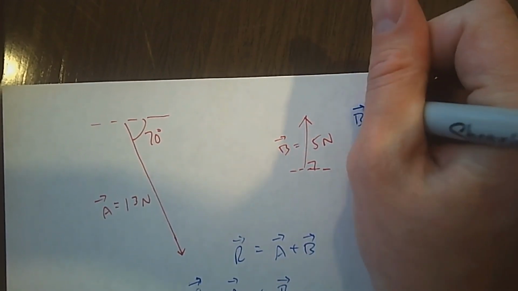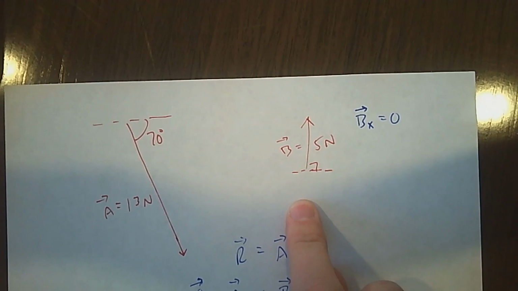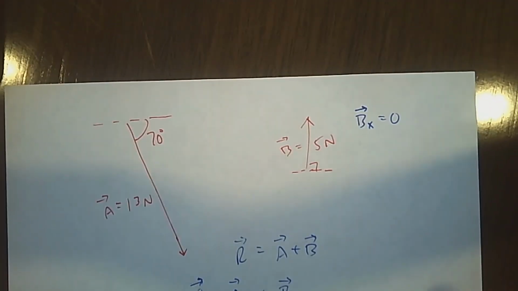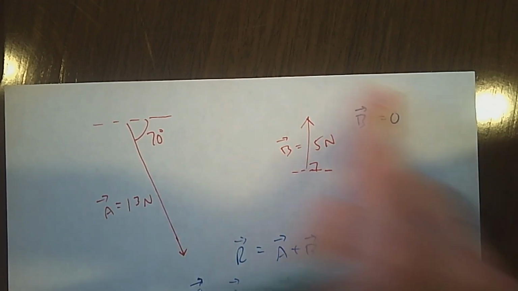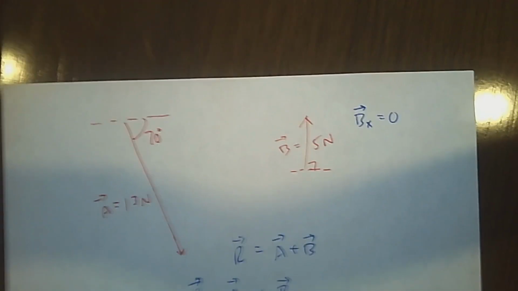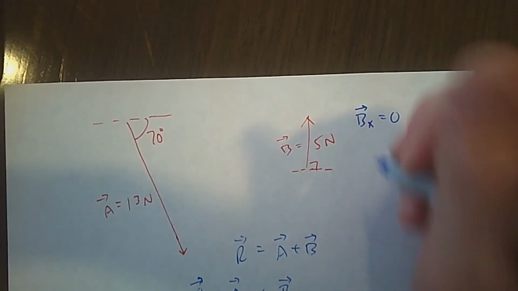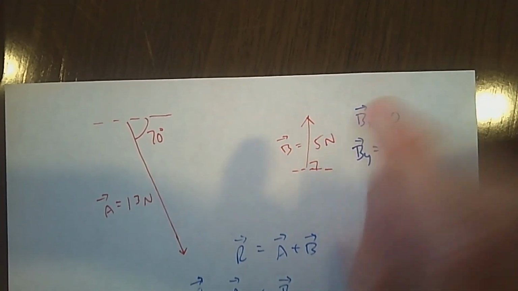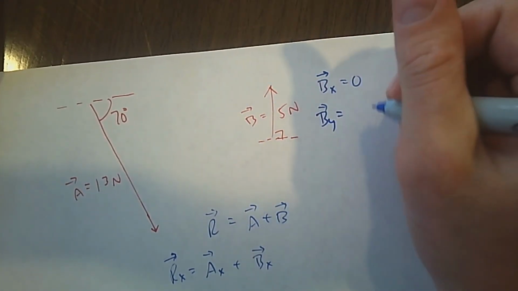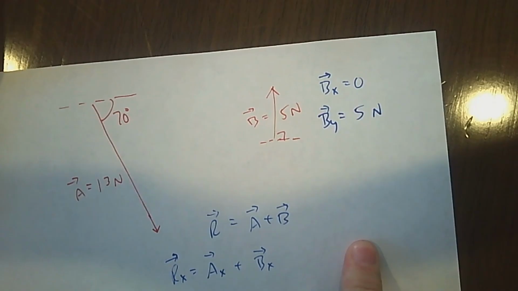It lies entirely on the y-axis, at least if I'm using a convention where this is my x and this is my y. You don't have to use that convention, but it's easy. And for the purpose of this demonstration, that is what I'm going to do. So my x component is 0. The y component then would be 5 sine 90, right, which is 5 times 1, or 5 newtons.